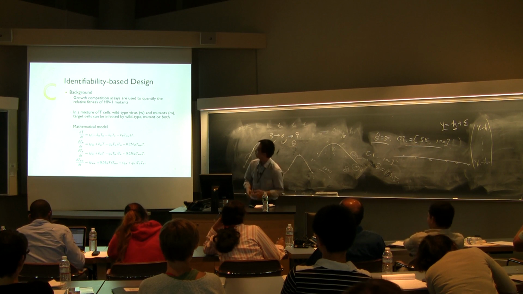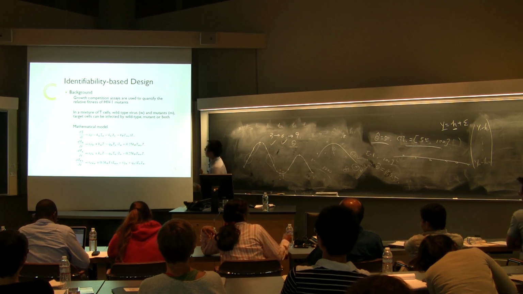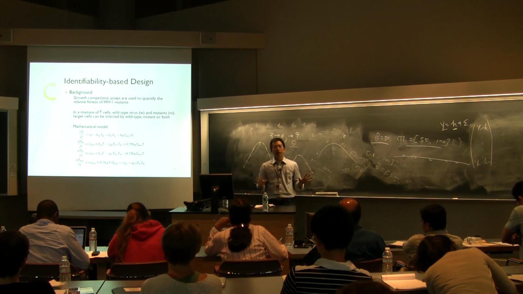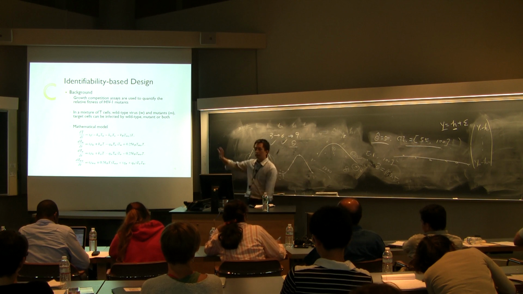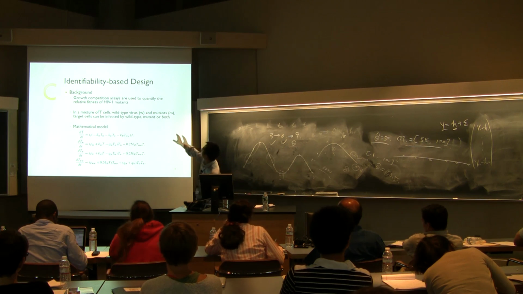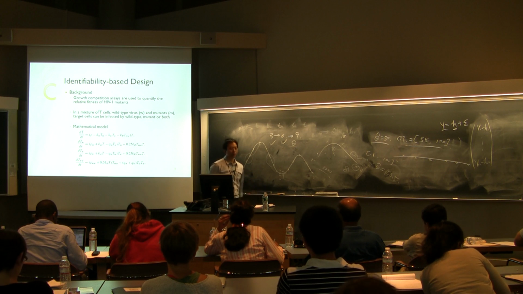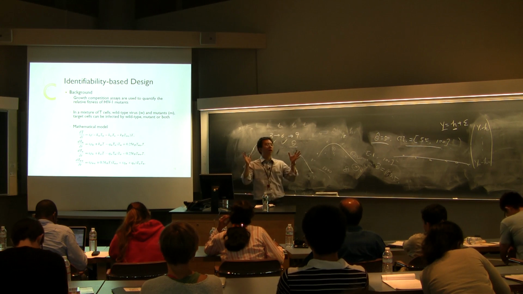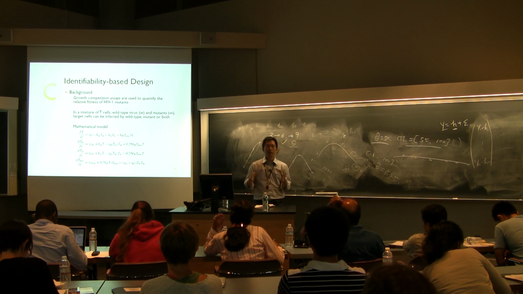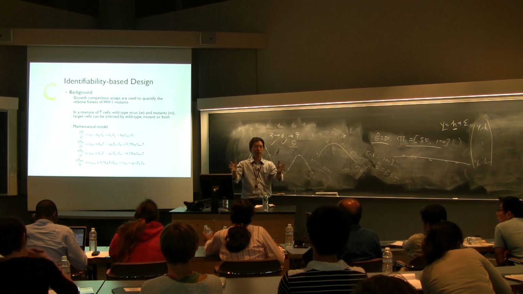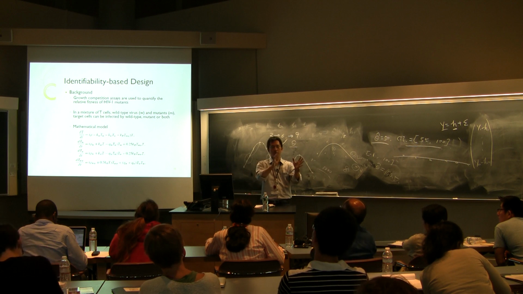Now I want to show you some examples. We just talked about the basic ideas. And this one is called identifiability-based design. Actually, it's also based on the model. Remember, when we do identifiability analysis, the question we're trying to answer is, given the model structure, whether all the parameters can be uniquely determined, right?